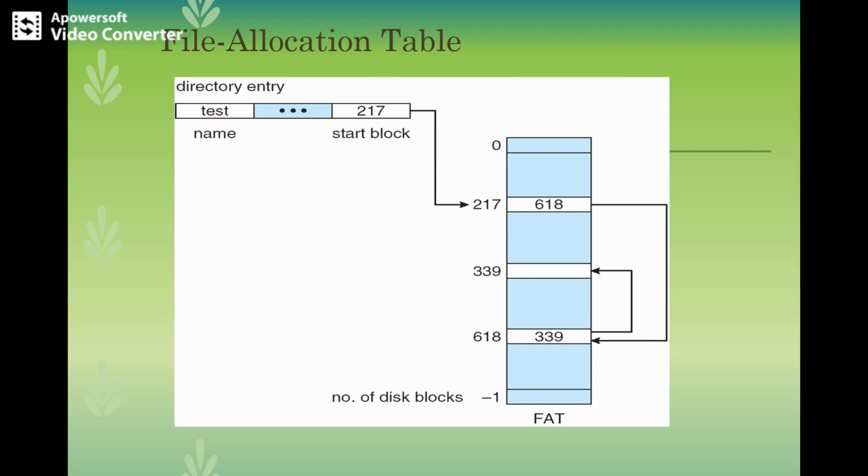So the 217 entry contains 618, which represents the pointer to the next block. 618 once again contains the pointer to the next block, like 339, like that. This chain will continue until the last block, which has a special end of the file value as a table entry. All unused blocks are indicated by a 0 table value. Allocating a new block is simple, replacing the previous end of the file value with the address of the new block. So 0 will be replaced with the end of the file value.